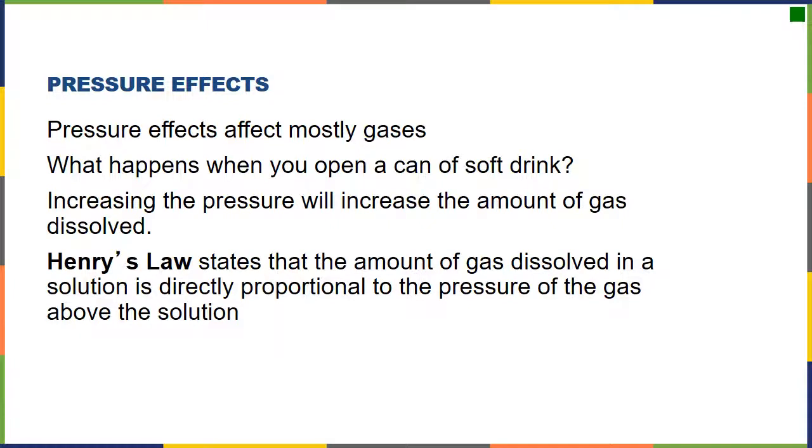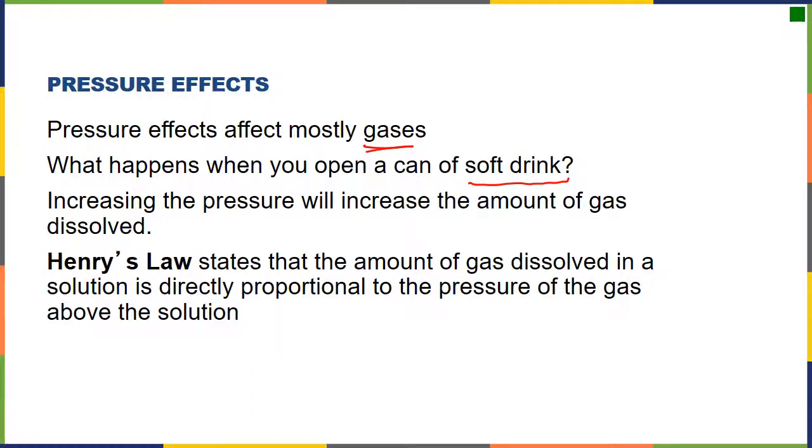All right, pressure effects. Pressure affects mostly gases, and we're only going to do gases here. So let's think about taking a can of soda and opening it. If you open a can of soda, we know that the gases will come off.